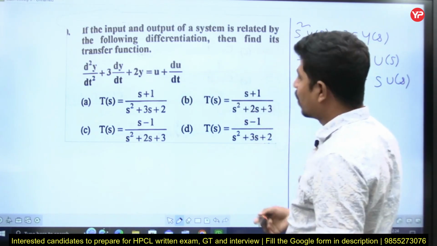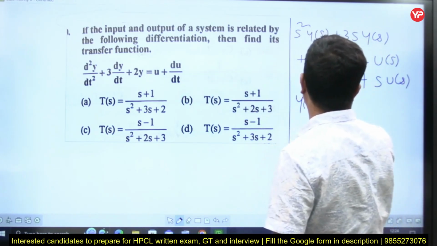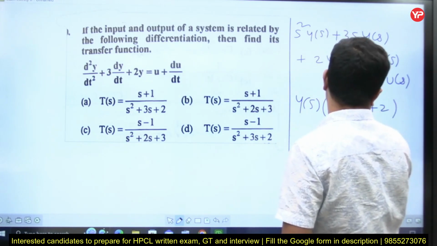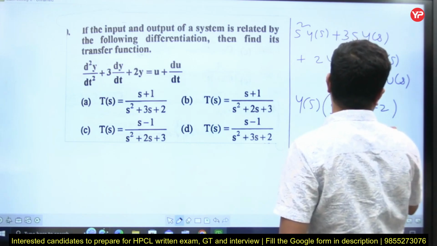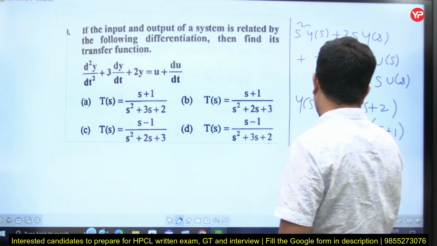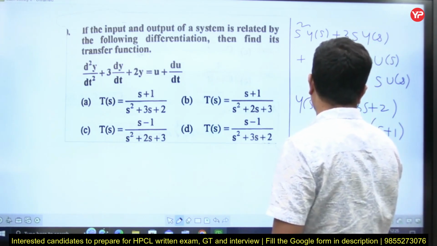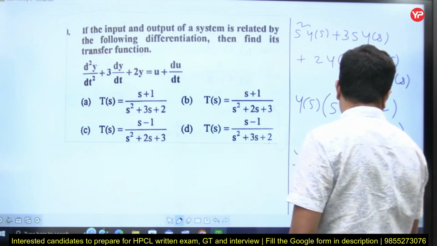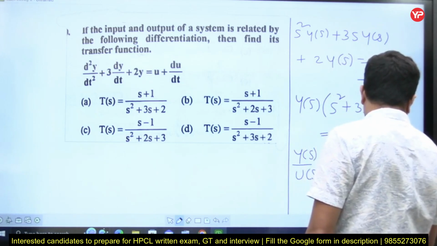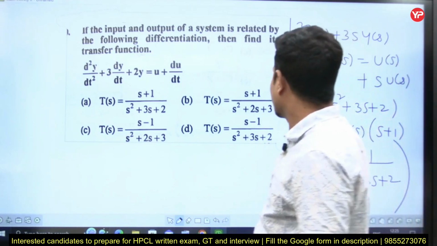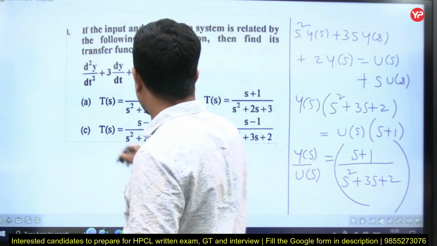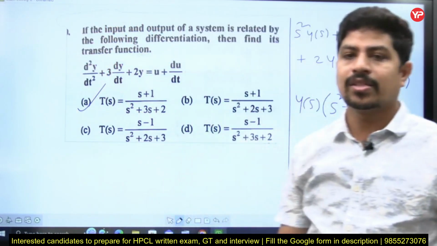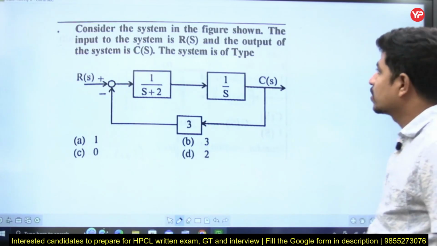One derivative will give one S term. Now if I take Y(S) common, S square plus 3S plus 2, and if I take U(S) common, this is S plus 1. So Y(S) by U(S) is equal to S plus 1 by S square plus 3S plus 2. Option A is the answer, right? Let's go to the next question.